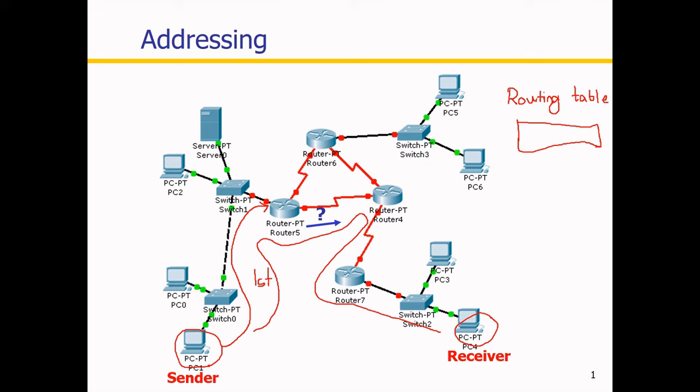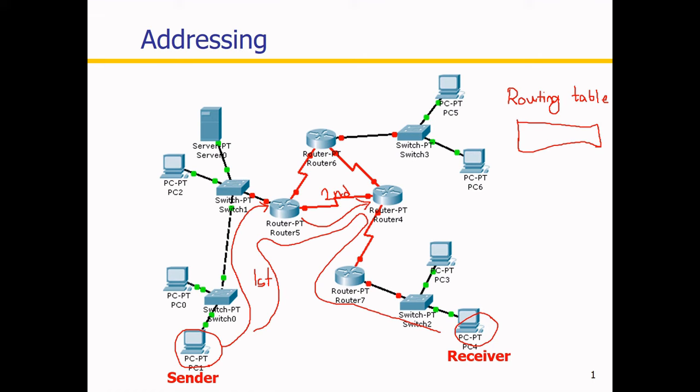Remember, a router has a routing table that has the destination information, where to send the data when it is directed to a particular destination. So in this scenario, the next jump is going to be from router 5 to router 4. This is going to be your second hop-to-hop delivery. So the data is going to go from router 5 to router 4.